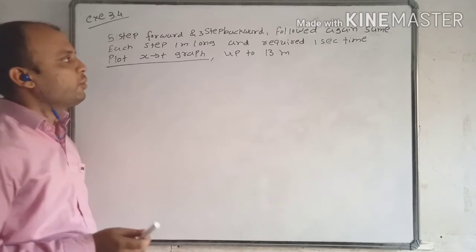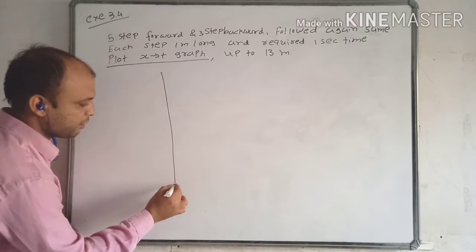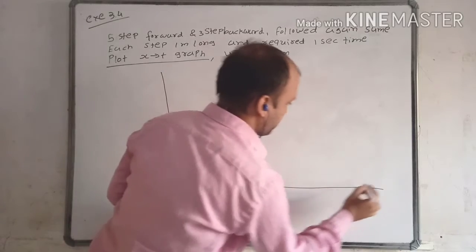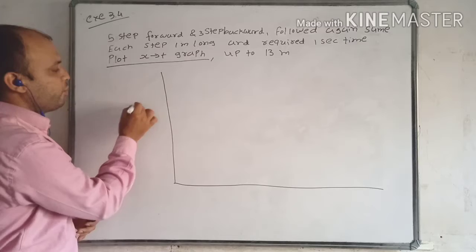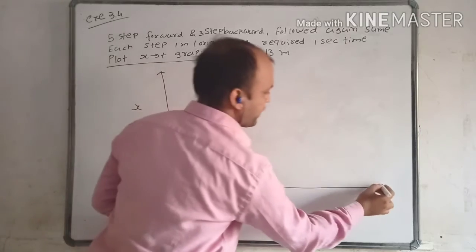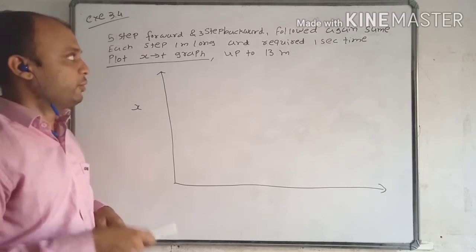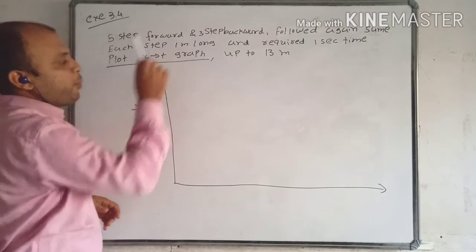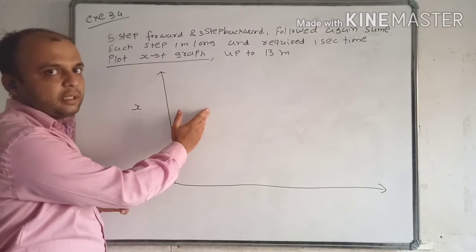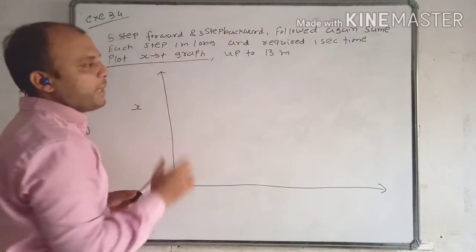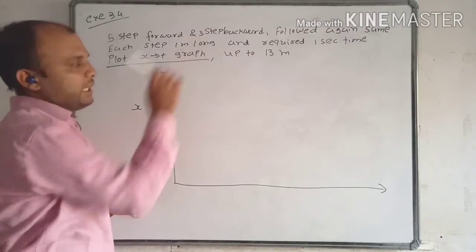Here we have to draw an x against t graph. In this graph we have only one condition actually. We have to take 5 steps forward, that means upward 5 meters, and then 3 steps backward, that means downwards we take 3 steps.